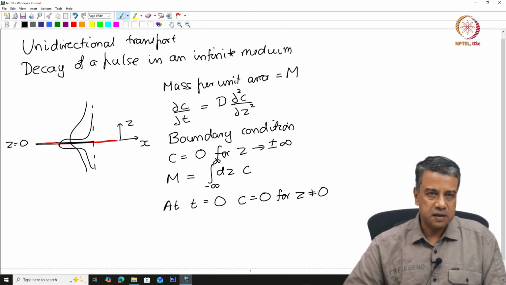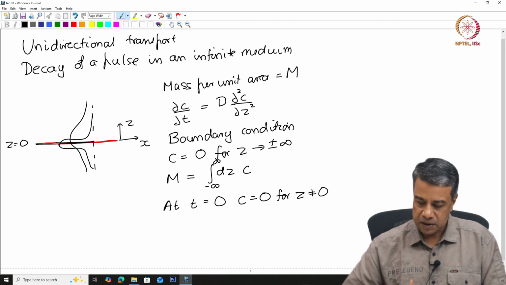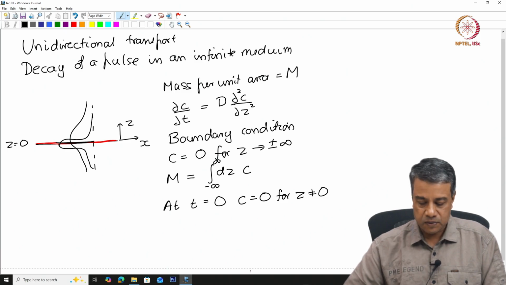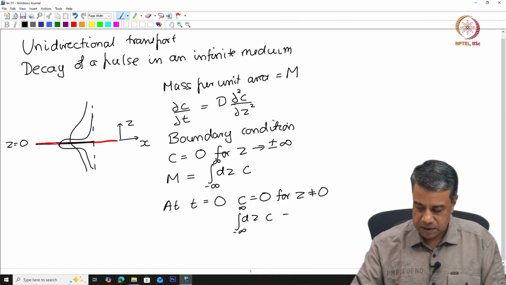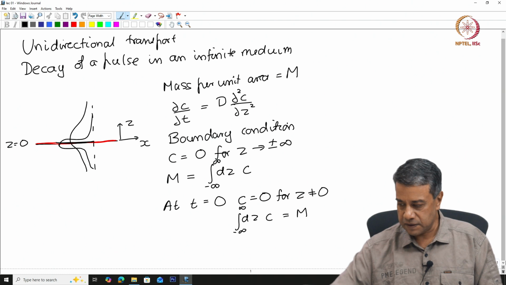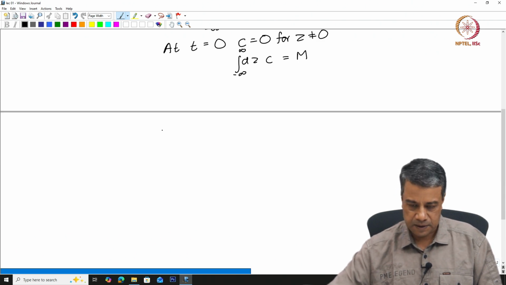Mass is injected, a certain mass per unit area is injected at z is equal to 0. Therefore, the concentration has to be 0 wherever z is not equal to 0. And at time t is equal to 0, you also require that the integral from minus infinity to infinity dz times c has to be equal to m. That mass condition has to apply even at t equal to 0, because that is the mass that has been injected.